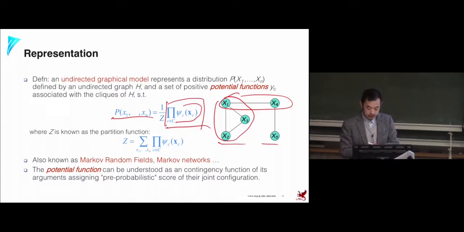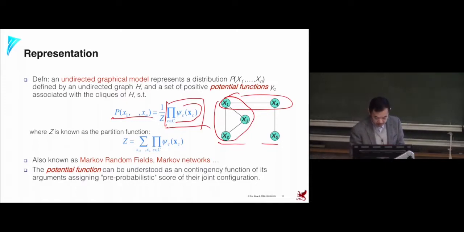Okay, how to make them to be a probability? You need to normalize it, right? Because what's the basic property of a probability? They have to be between 0 and 1. They have to be positive. And also all probabilities of all possible configurations over the same set of random variables have to sum to 1. Right?